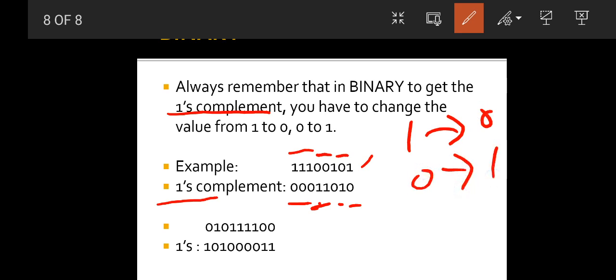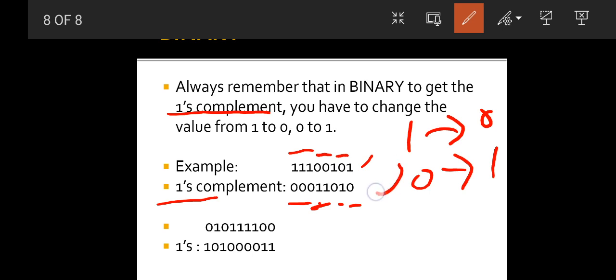It's easy. If you have to find your radix or your twos complement, what you will do is just add 1, because it's diminished plus 1.